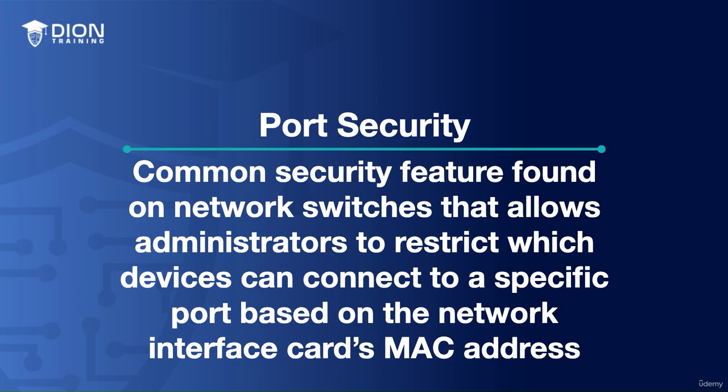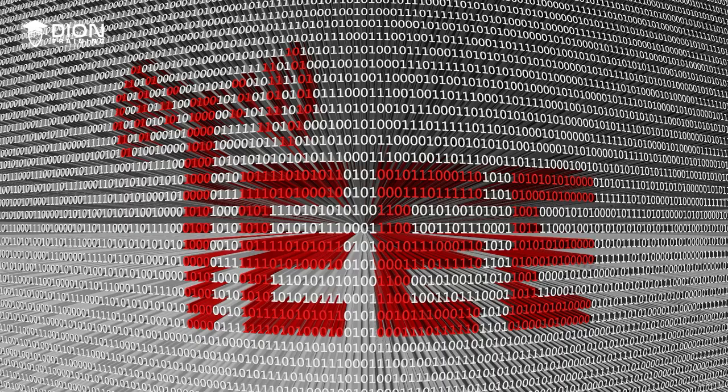So remember, port security is a network switch feature that's going to restrict which devices can connect to specific ports based on their MAC addresses. 802.1x is an IEEE standard for network access control that's going to authenticate devices based on their capabilities and is primarily used at the data link layer, which is layer 2 of the OSI model.